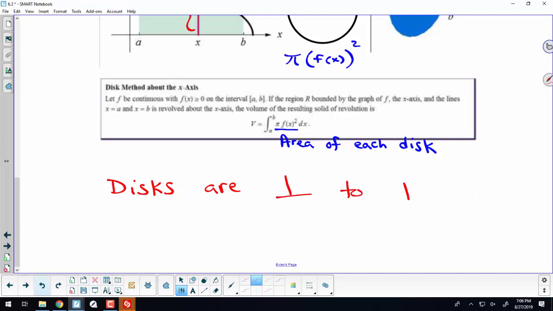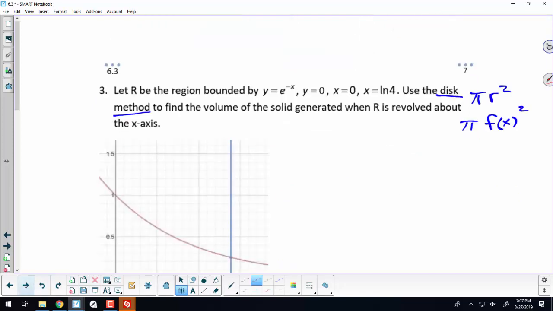Not the x-axis, just the axis of revolution. We'll see in 6.4 what happens when you rotate parallel to the axis. But disks are always perpendicular to the axis of revolution.